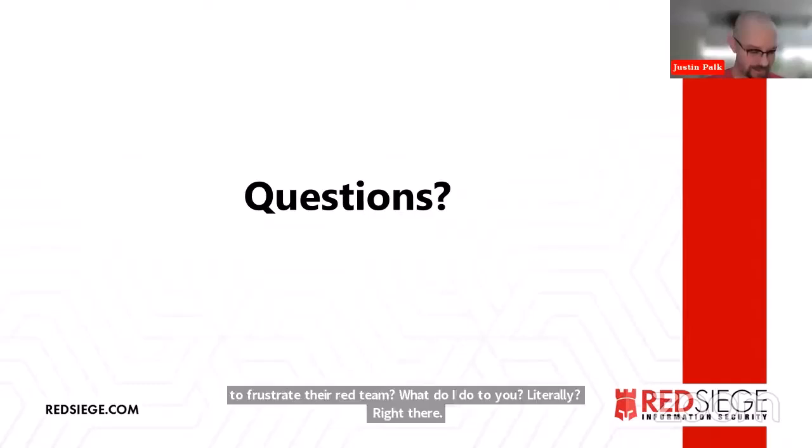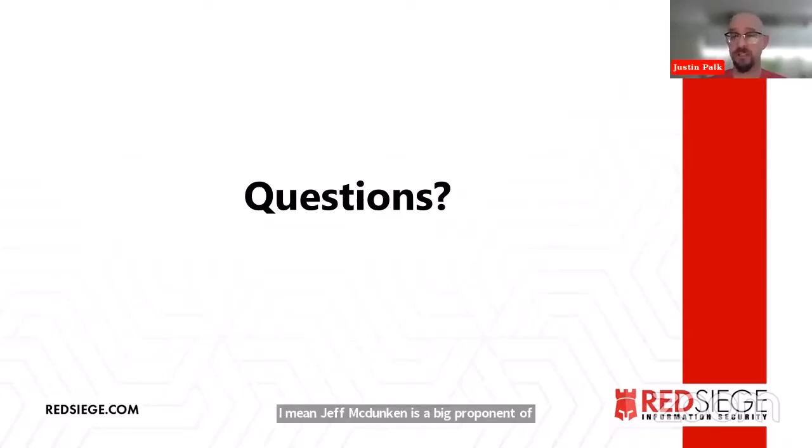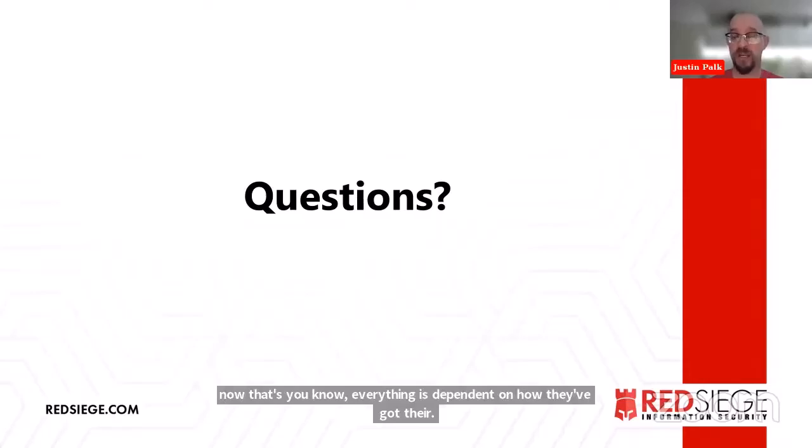I got something here. This is more of a comment from Rotary Drone. Good use case for staying off the land. If endpoint restrictions are too tight, just proxy the tools over SOCKS. AD Explorer over SOCKS5 works great. Yeah. I mean, Jeff McJunkin is a big proponent of this. Touch the initial access host as little as possible and do everything you can to just run tools via proxies, because at that point, the only thing that they're going to see is the network traffic. And so everything is dependent on how they've got their network monitoring rules and network monitoring stacks set up.